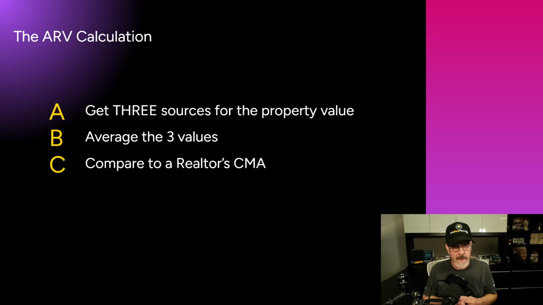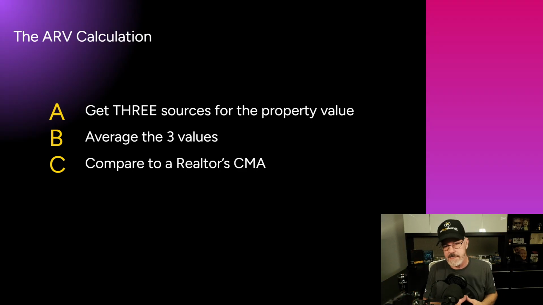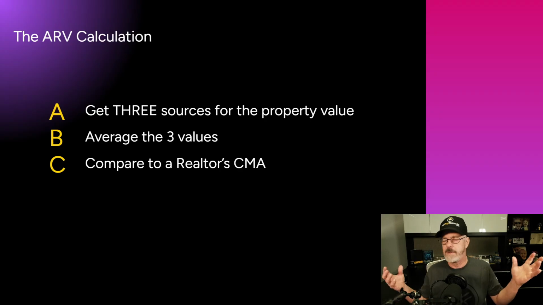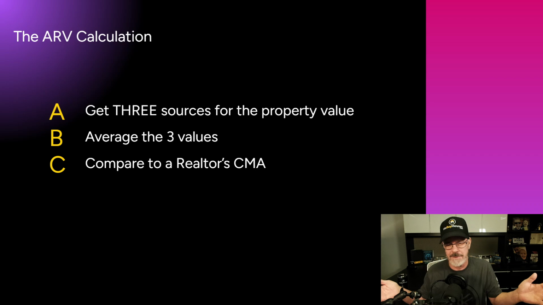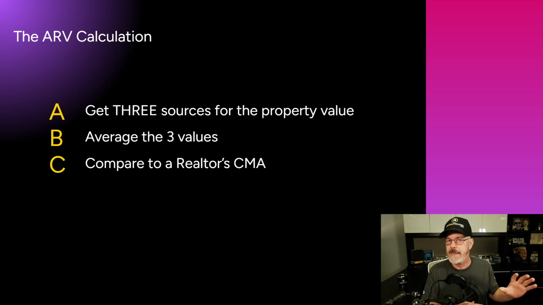That's a competitive market analysis, and it will give you a good example of what the property's worth in today's market value. Now, I do want to stop and say something real quick about that exact fact. Today's market value, that is changing. And what I'm seeing in different markets, every market is different, I guess is what I was trying to say. Here in Texas, it's become a very soft market.